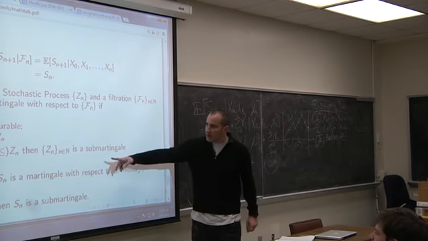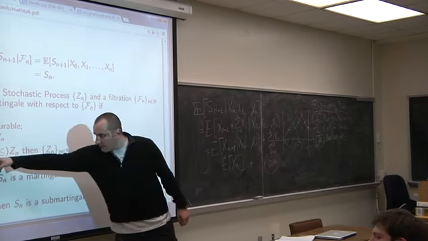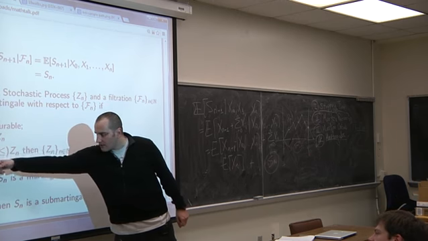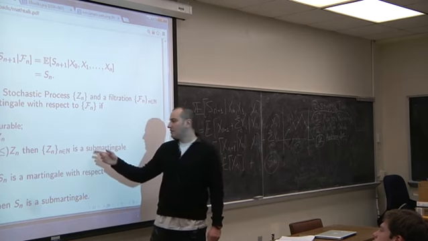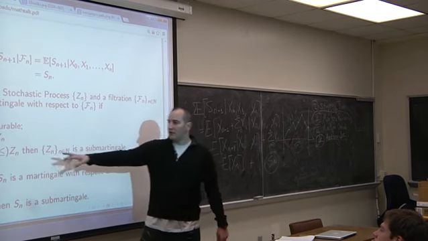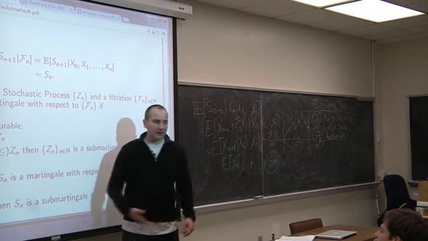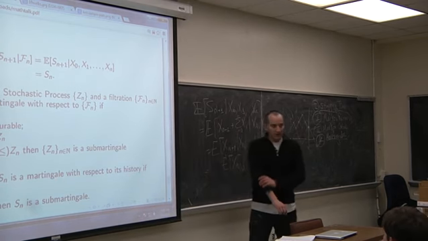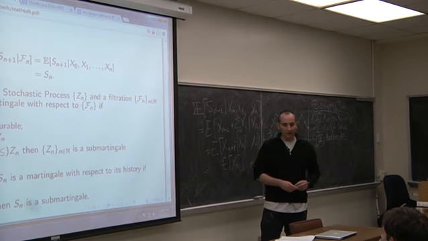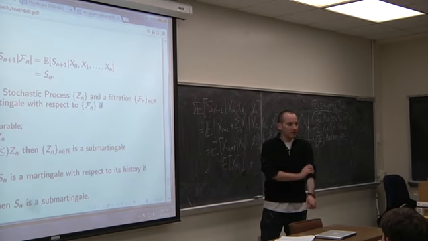It might happen that the expectation of Zn plus 1 given the history up to time n is bigger than Zn, then I call this a submartingale. And if the inequality is reversed, I call it a supermartingale. And the theory of martingales is very beautiful.